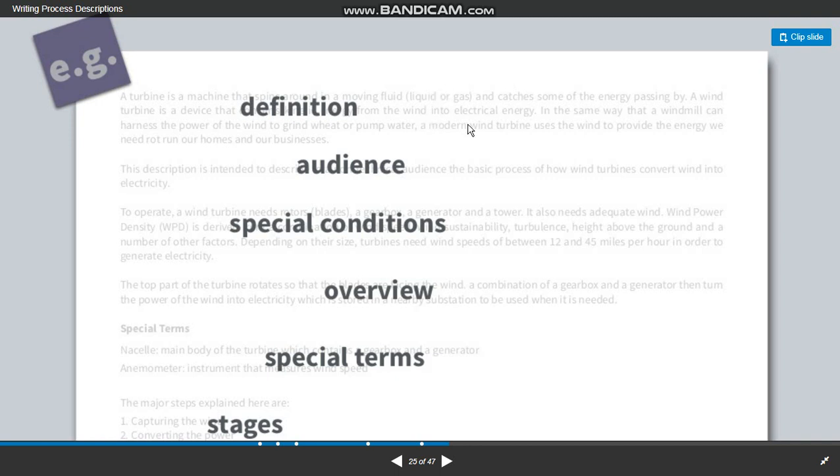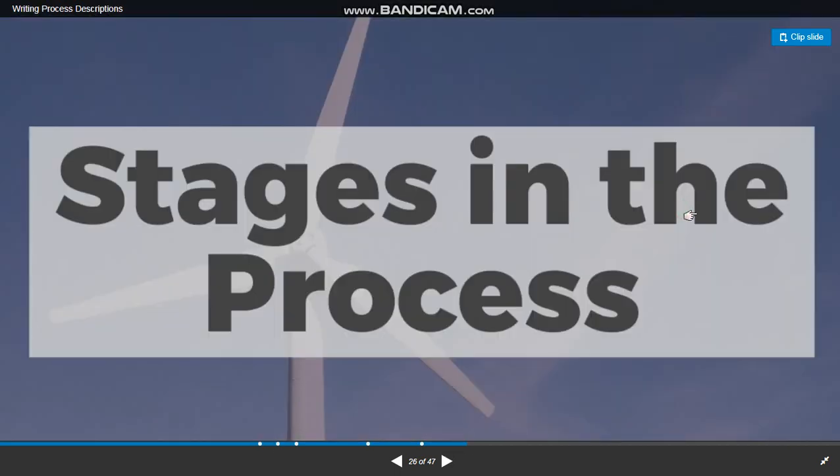So the first part is called definition. And second, audience. Third one, spatial conditions. Fourth, overview and special terms. Last, stages. Stages in the process.